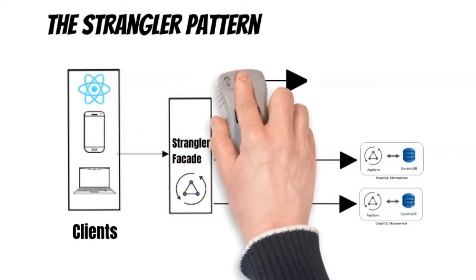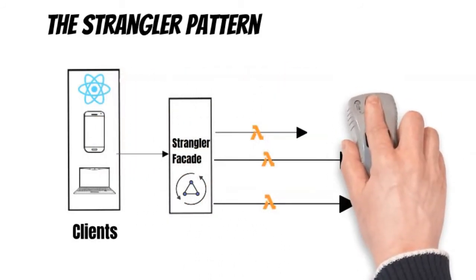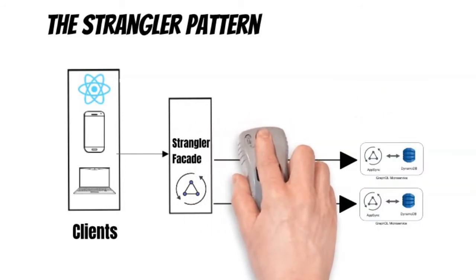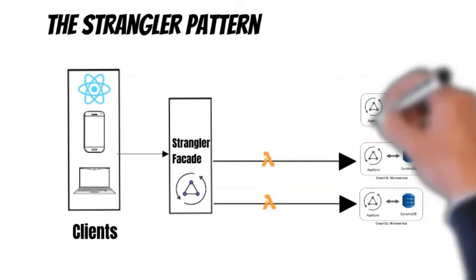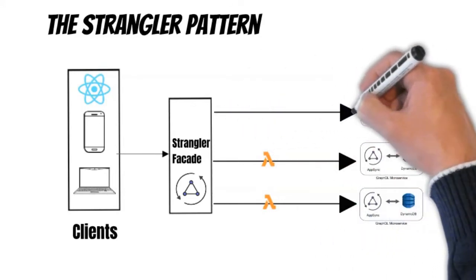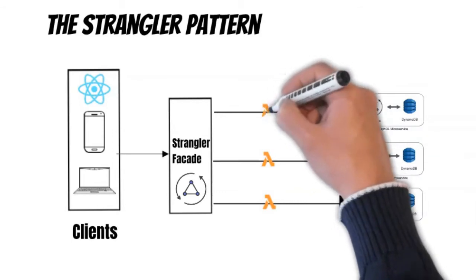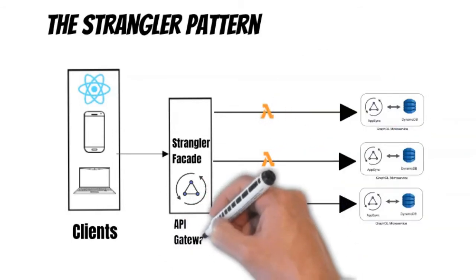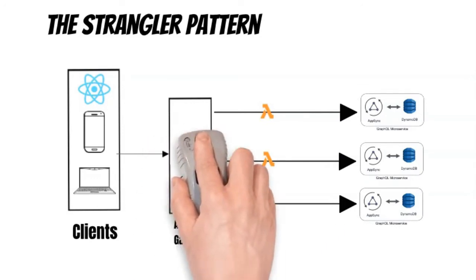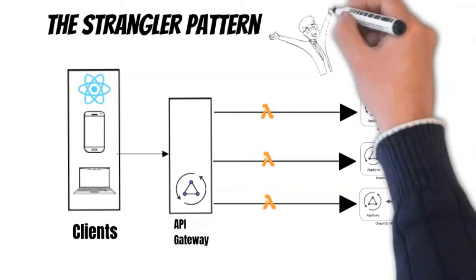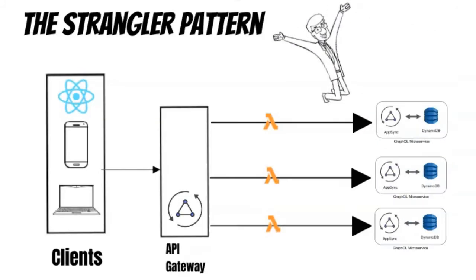It becomes strangled by the Strangler microservices, and then after testing and validating that we're not missing anything, we move all the clients to the facade, and then this facade will become, at the end, an API gateway, which is another microservices design pattern. Well, this will become an API gateway to the rest, and voila, you've been able to migrate from the monolith to microservices.